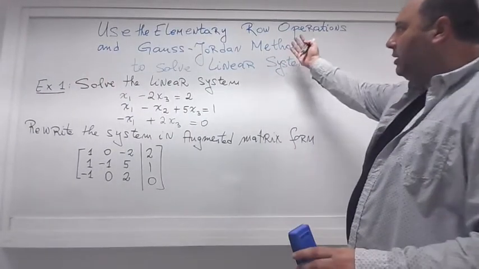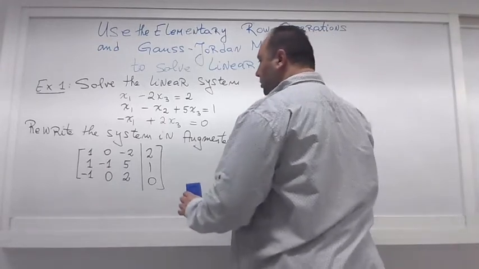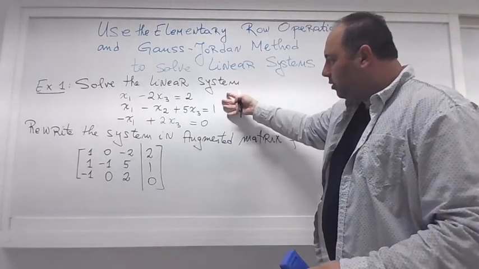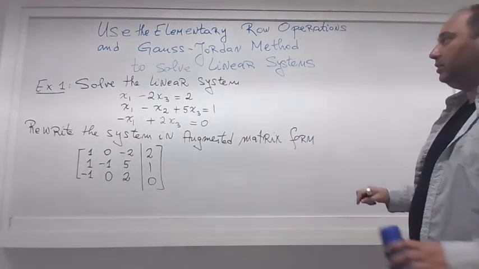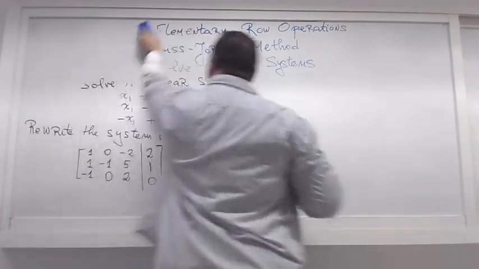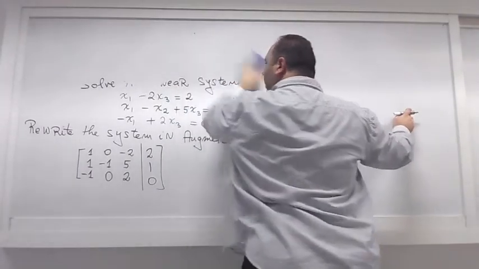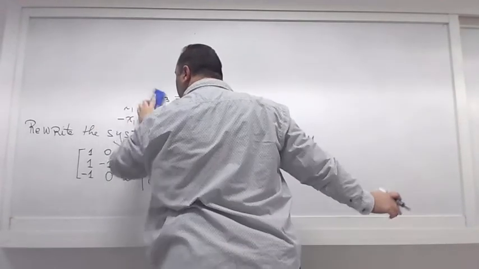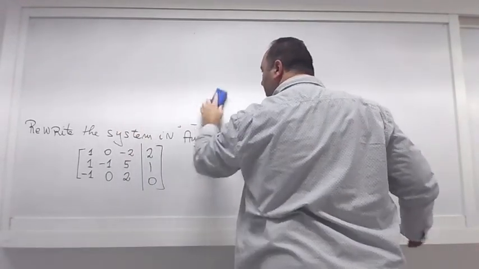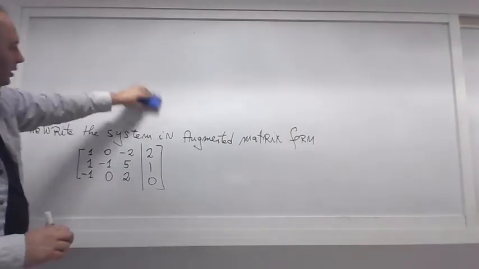I use my elementary row operations and the Gauss-Jordan method to solve the linear system. First step, from the system I write the augmented matrix. Now let's see how we apply this in a smart way so that we produce zeros below the leading entry.